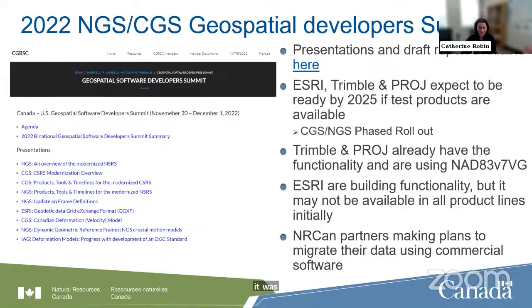So they're actively developing that though. And we've talked to some NRCan partners here who are users of GIS software about their modernization plans after 2025 and starting to look at these tools and maybe support the kind of feedback that the developers are going to be getting once people start using them.